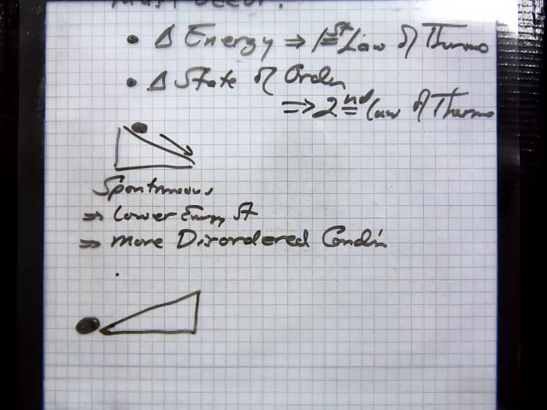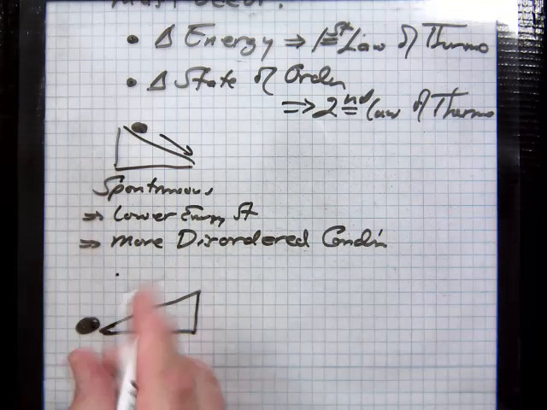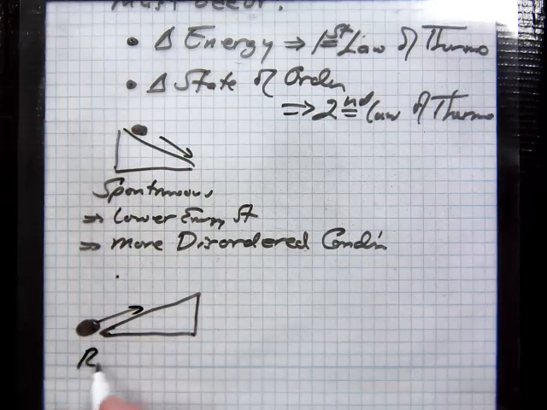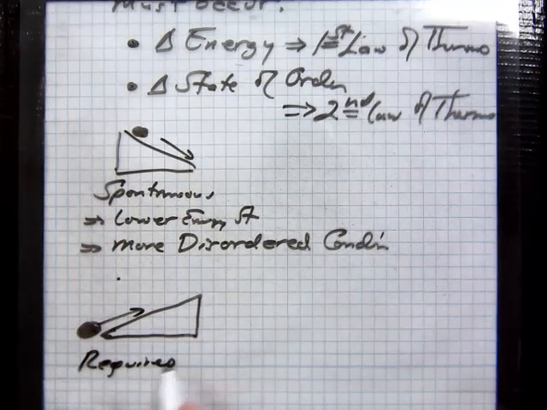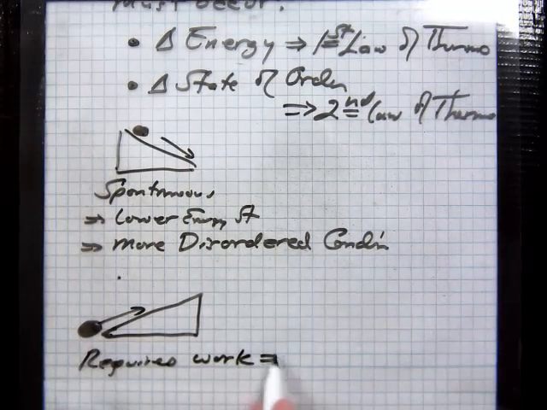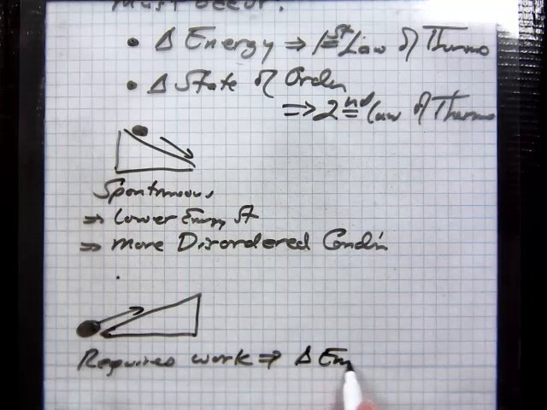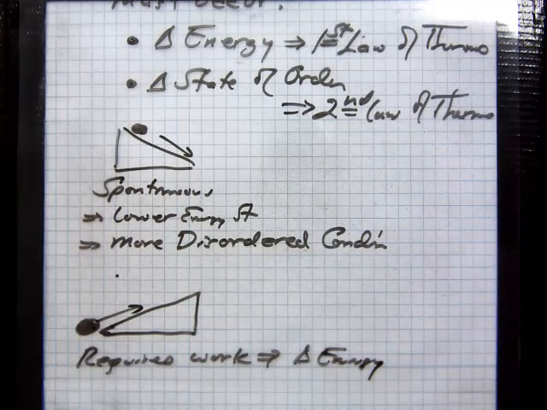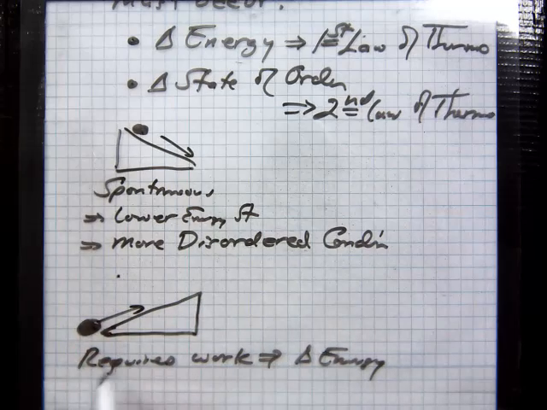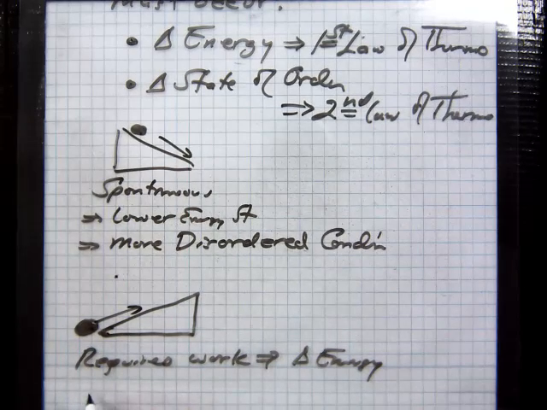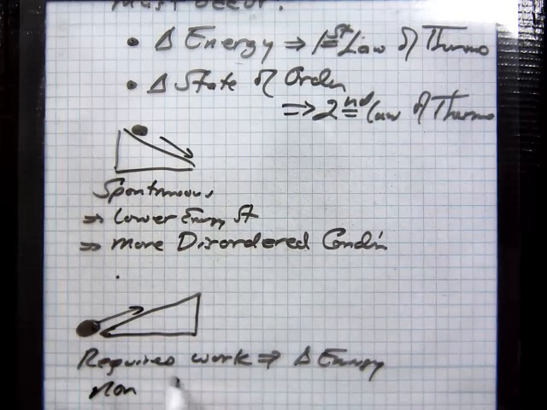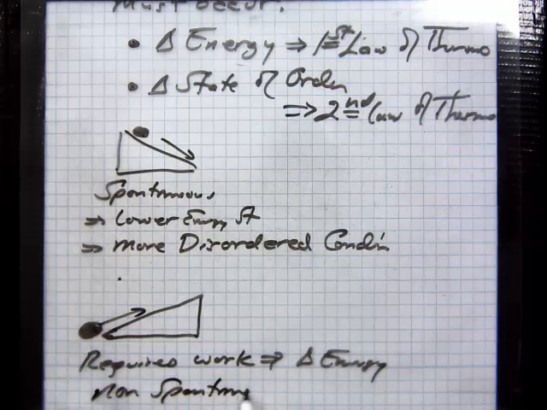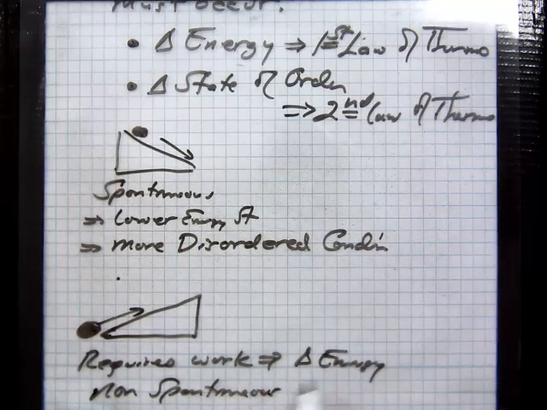So something has to be done in order to move the ball uphill. That requires work to produce the change in energy. And that's an endothermic process. We'll get to that. And we call that a non-spontaneous reaction.